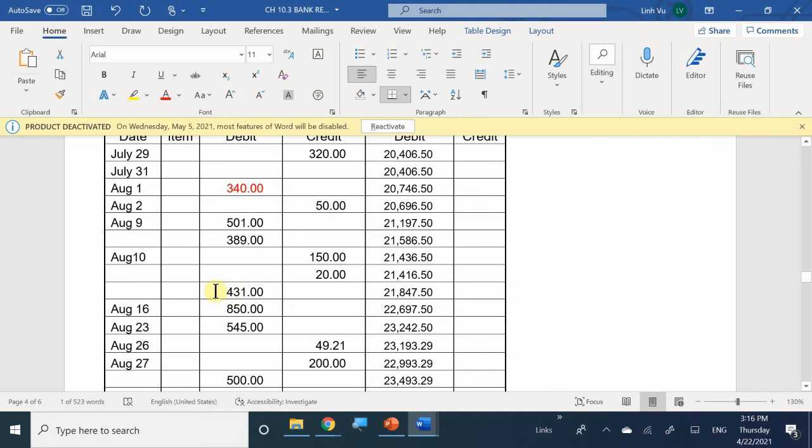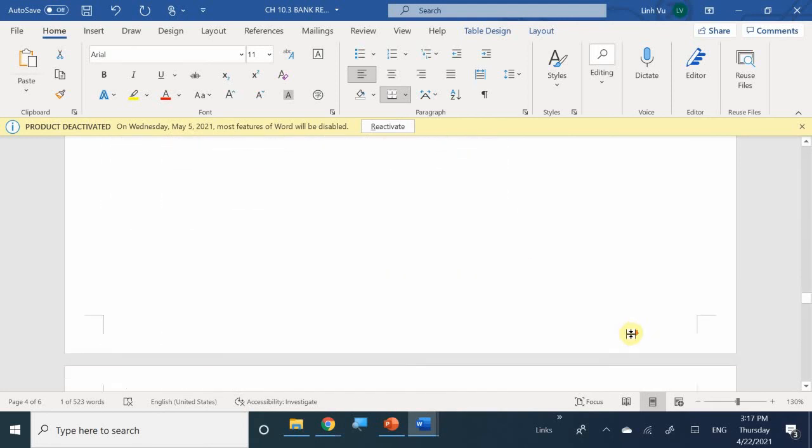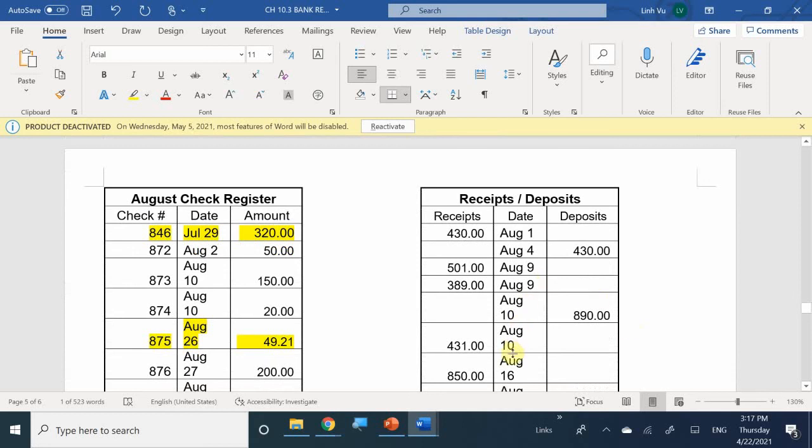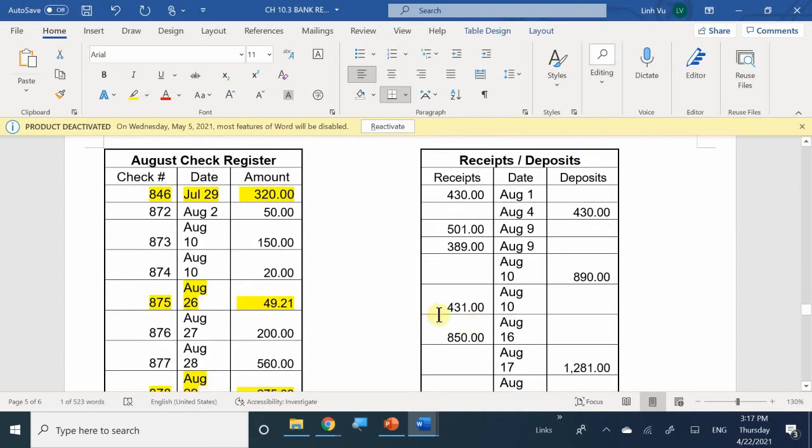Now we made another deposit of $431 and $850, plus 545. Let's take a look at our deposits. Did we make a deposit for 431 and the 850? We made one for 431 and 850.